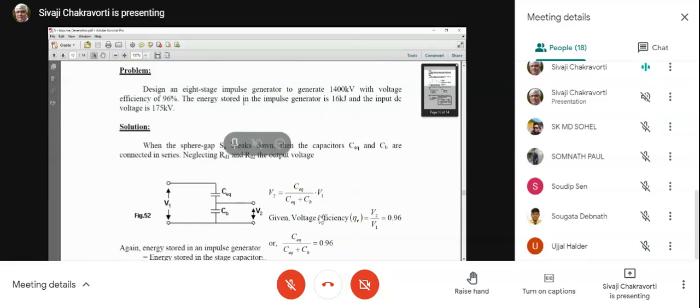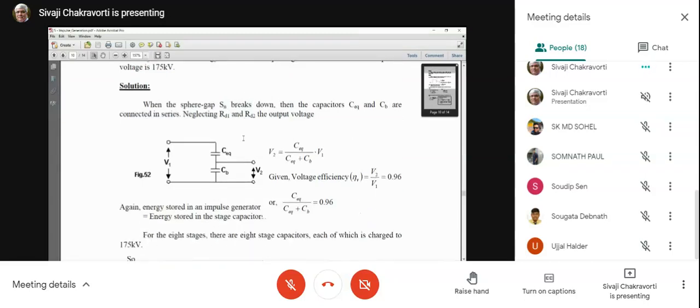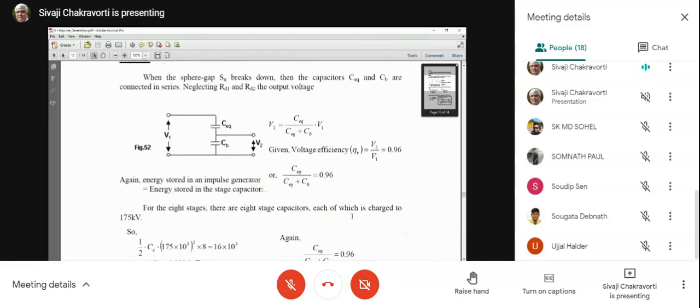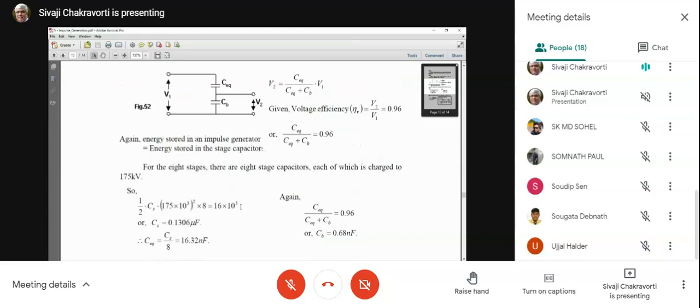In this case, we have an 8-stage impulse generator. So the value of N, that is the number of stages, is 8. And the efficiency is given as 96%. So we can write that this ratio is 0.96. Fine. Then for the 8 stages, there will be 8 stage capacitors.